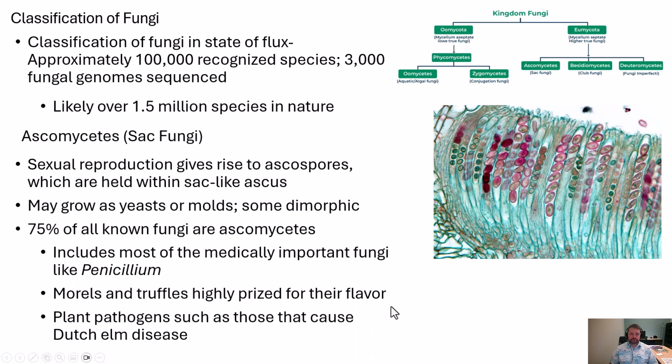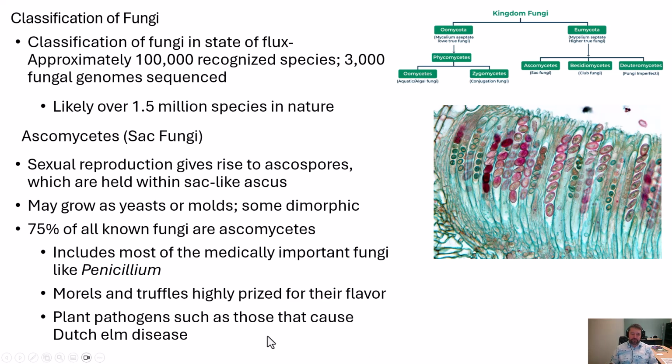And when I say that they're important, it's because they're the most abundant fungi that we know of. Lots of fungi belong in the sac fungi grouping, and from a microbiology perspective, they're extremely important because this is where penicillin lies. So it's classified in here.